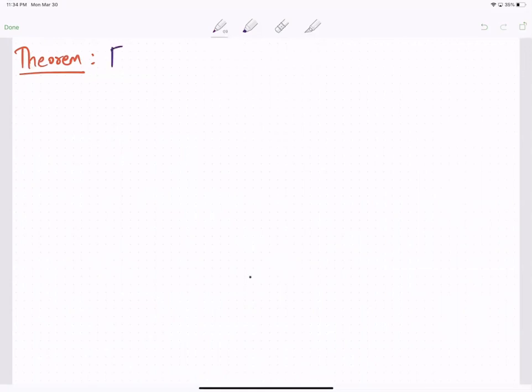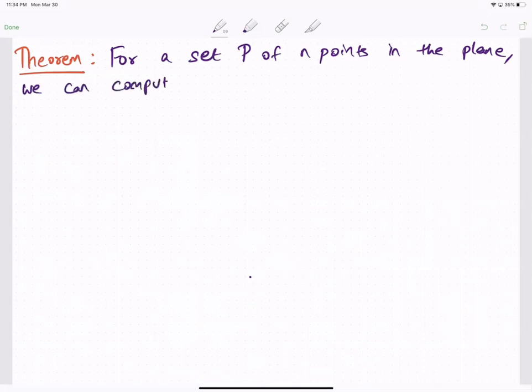Okay, here we go. For a set P of n points in the plane, we can compute the closest pair of P in order of n expected time.